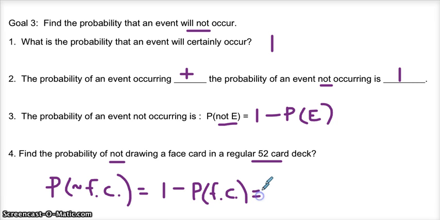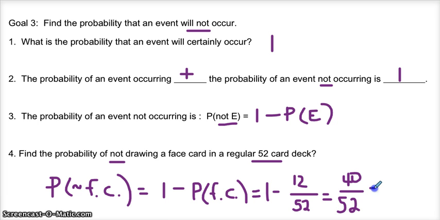We know there are 12 face cards out of 52 cards. So 1 minus 12 over 52 is 40 over 52, which gives us a probability of 0.769.